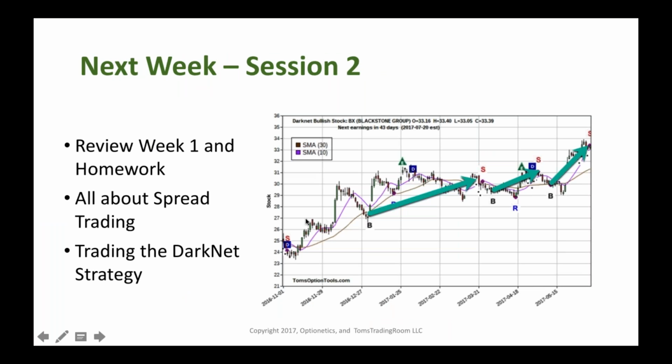Guys, next week, we're going to review week 1. We're going to review your homework. We are also going to talk about spread trading, and how and why I trade spreads over simple calls or simple puts. Then we're going to get into a spotting opportunity piece that we like to call trading the darknet strategy.